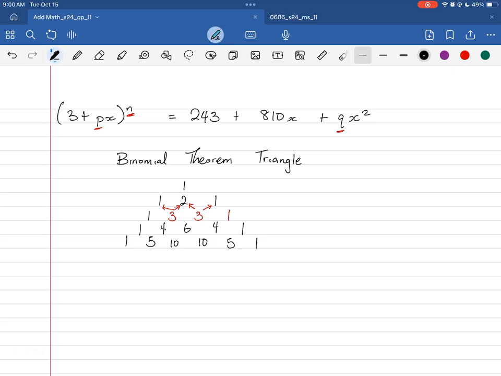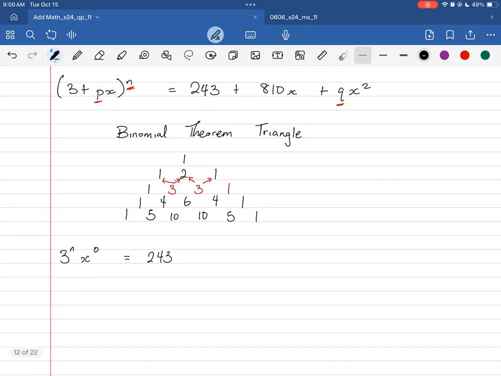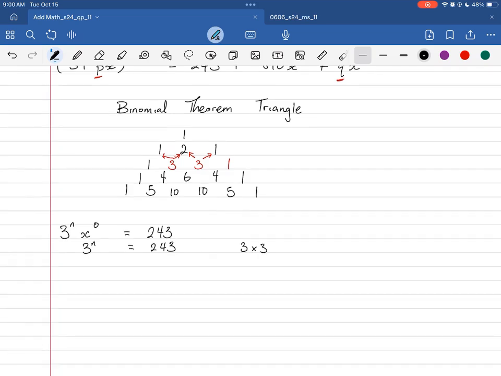Now, to find what n is, because your first term is a constant, we know that 3 raised to the power n, times x to the power 0, because it's ascending, equals 243. And x to the power 0 is just 1. So 3 raised to the power n equals 243. Now 3 raised to the power what gives you 243? You can use your calculator and multiply, or just keep multiplying 3: 3 times 3 times 3 times 3 times 3 gives 243.